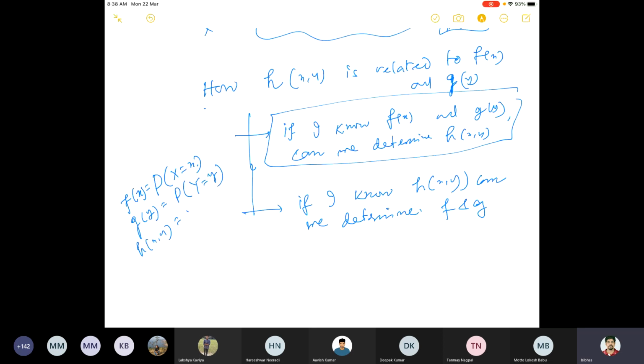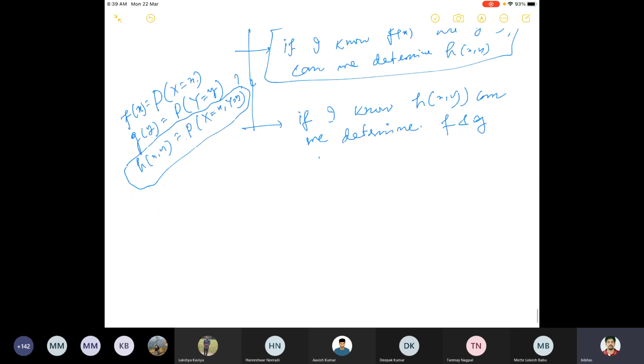That means, can we determine the joint density function? So both of these happening, can I say this? And here the question is just the reverse. If I know h, that means if I know how jointly they are distributed, what is the probability? For the case of discrete and countable, if I know how joint probability is defined, let's say it is height and weight.